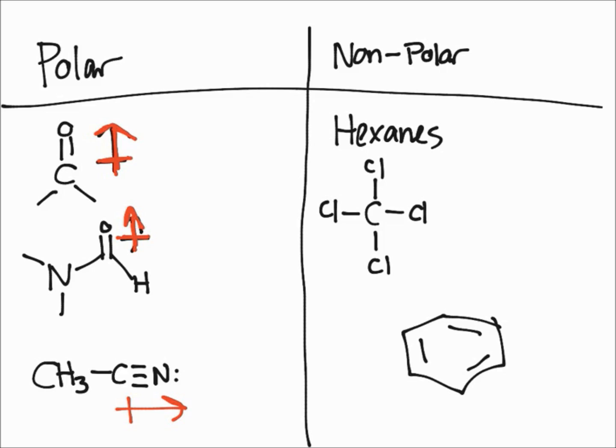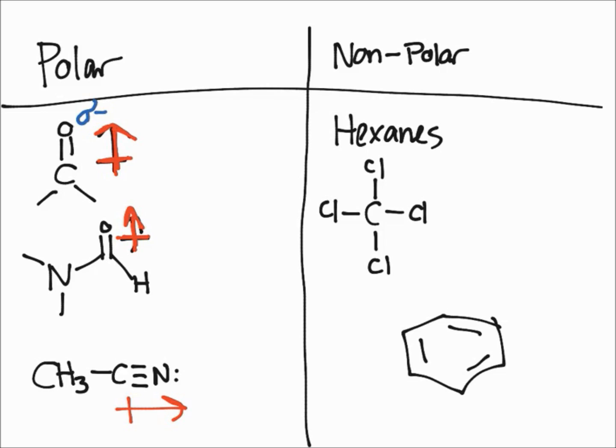Oxygen is a lot more electronegative than carbon, so that oxygen is going to be a lot more negative. You could draw a partial negative there and a partial positive on the carbon. On the side of nonpolar, you have hexanes, CCl4, as well as benzene.